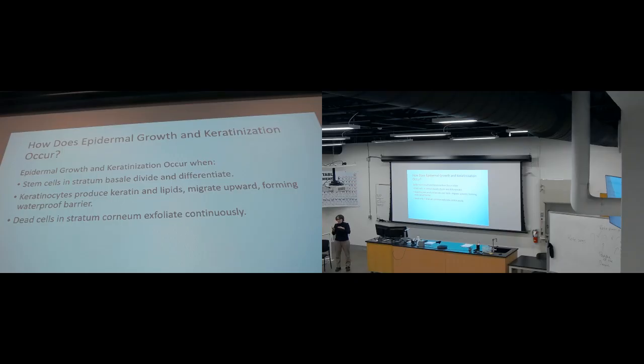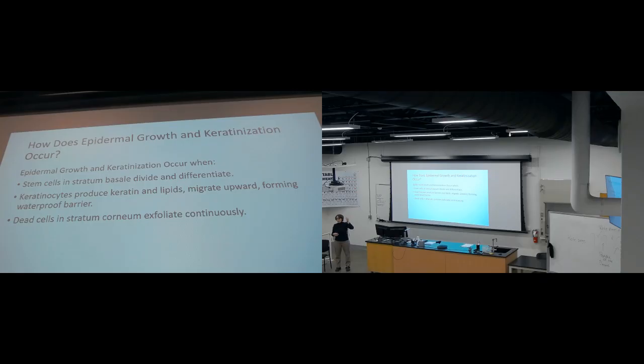That signals the bottom layer, the stratum basale, to undergo mitosis so that you can create another keratinocyte stem cell and a daughter cell that will move from the stratum basale to the stratum granulosum.